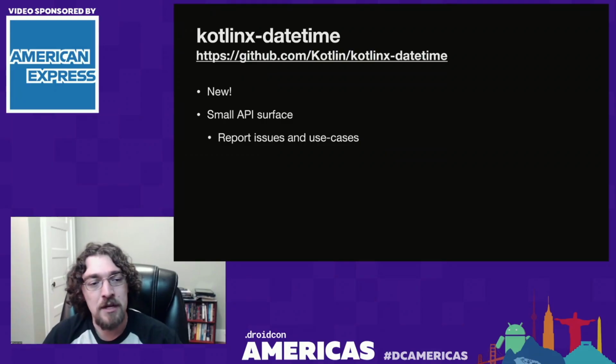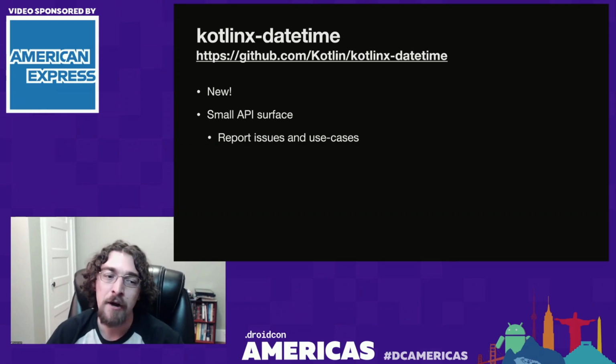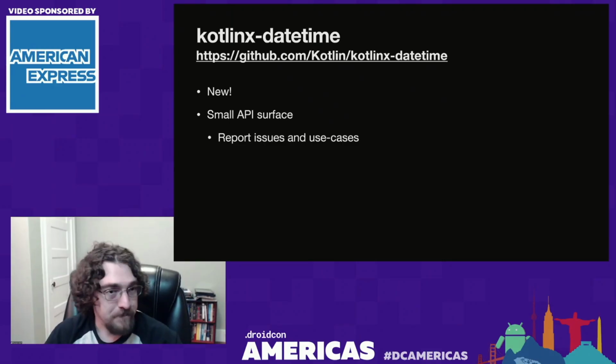So check that out if you're interested in it. One caveat is that it's got a pretty small API surface right now. And so JetBrains has said, if there's things that it doesn't do that you're looking for, they're interested in hearing what your use cases are. So give them that feedback. Make sure that the library can do what you're looking for.